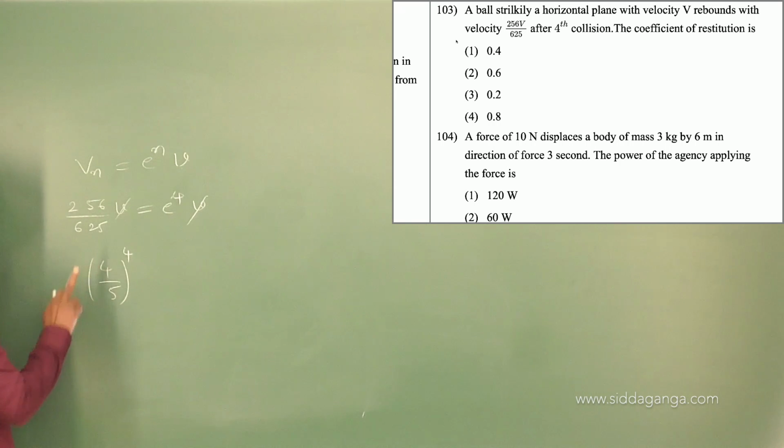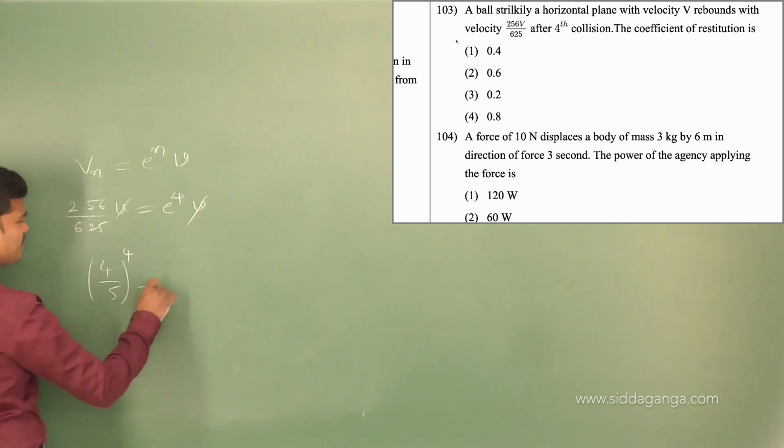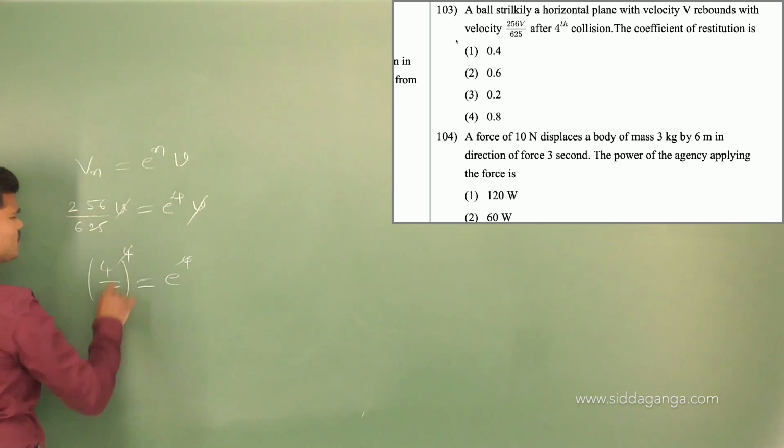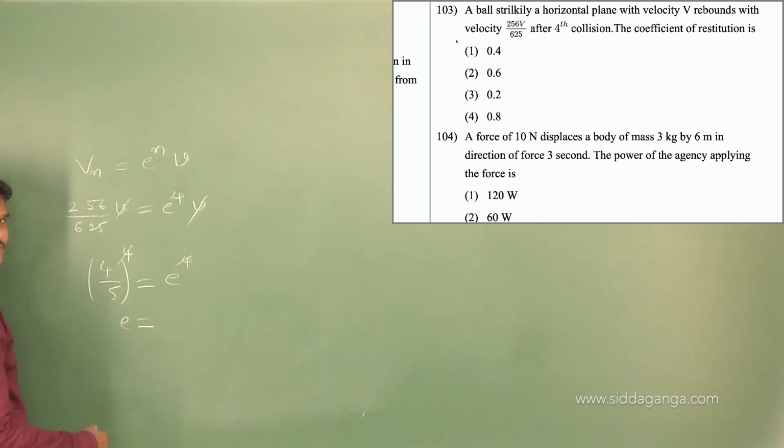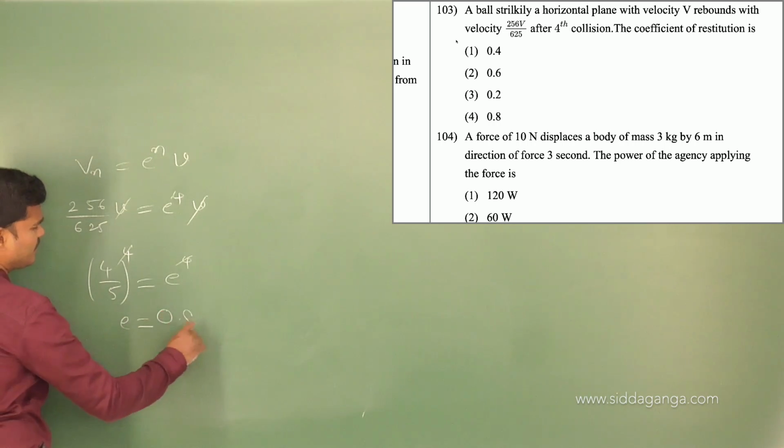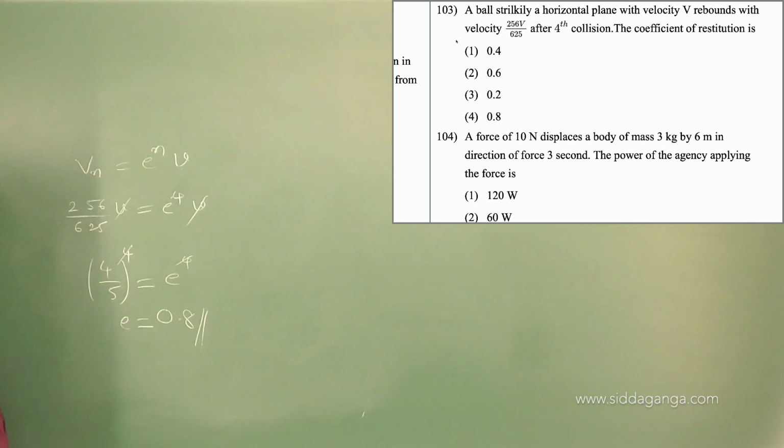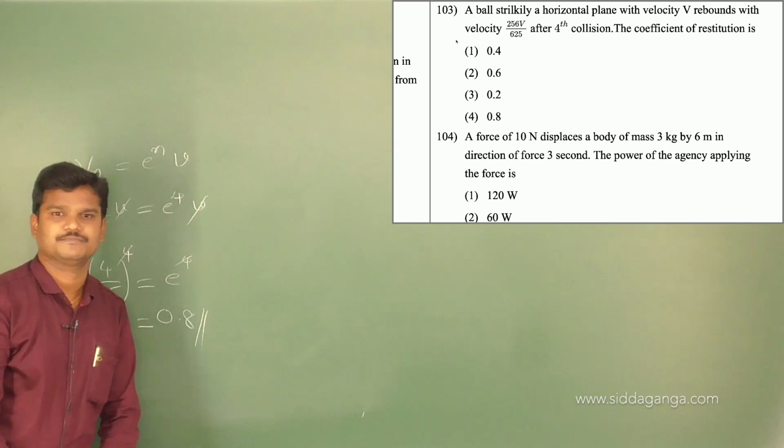Why? Because 4 4s are 16, 16 4s are 64, 64 4s are 256. 5 5s are 25, 25 5s are 125, 125 5s are 625. E power 4, power 4 gets cancelled. E is equal to 4 by 5. 4 by 5 means how much is it now? 0.8. 4 by 5 is nothing but 0.8. So this is a simple question.